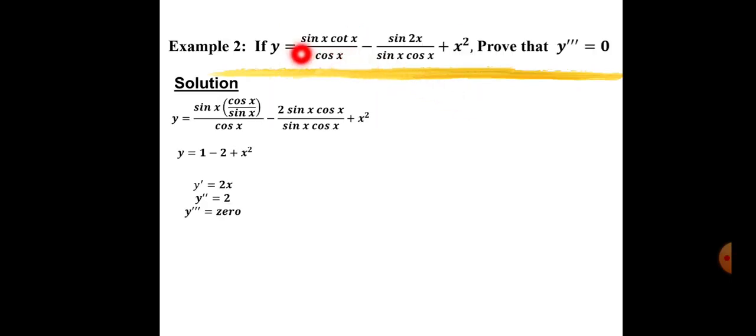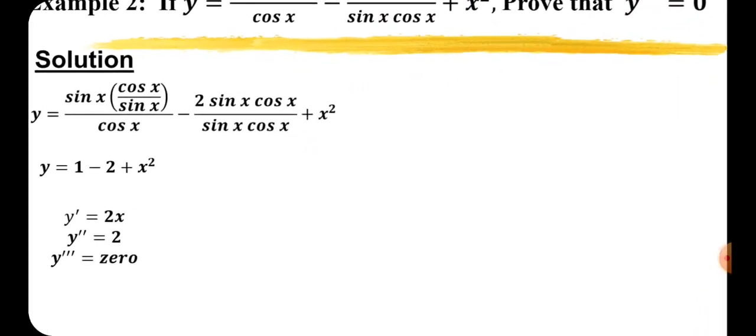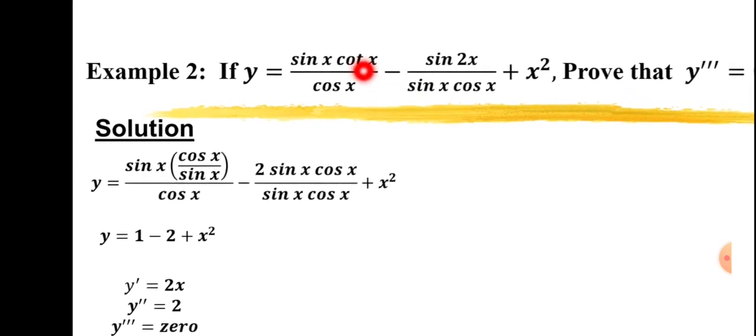If y equals sine x cosine x over cosine x minus sine 2x over sine x cosine x plus x squared, show that y triple prime equals 0. Here we have cosine x, which is cosine x over sine x. So if you write cosine x in the form cosine x over sine x, you can cancel these two sines with each other, and cosine over cosine is 1.